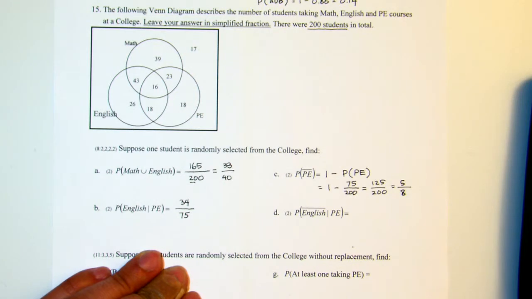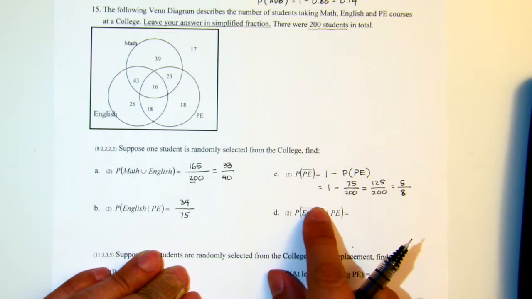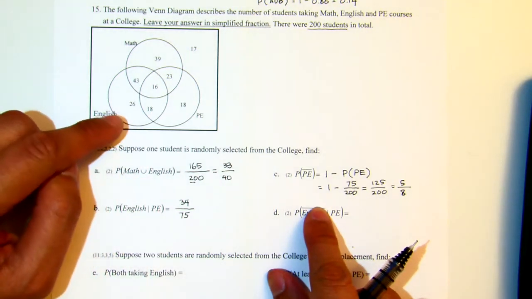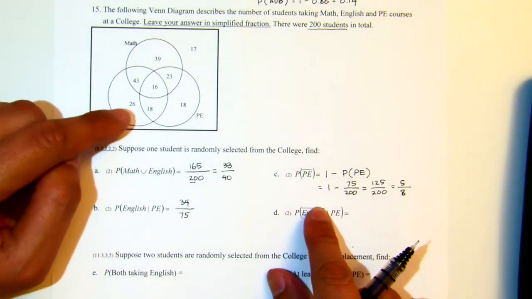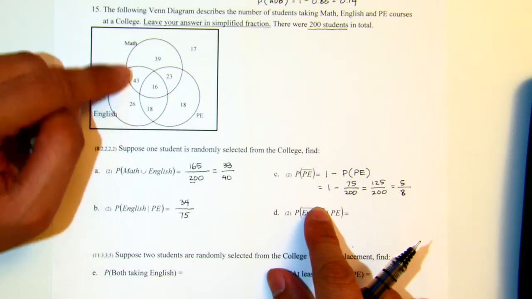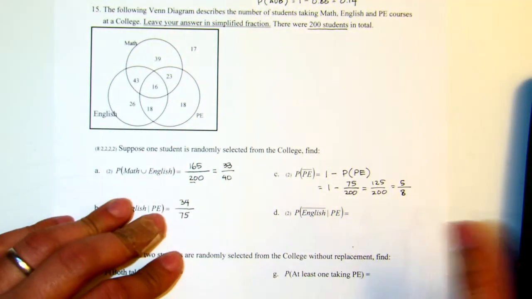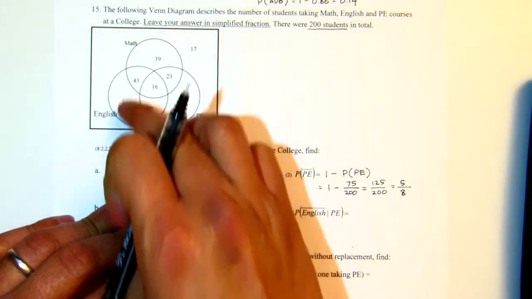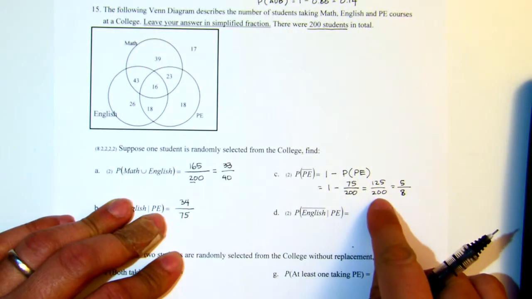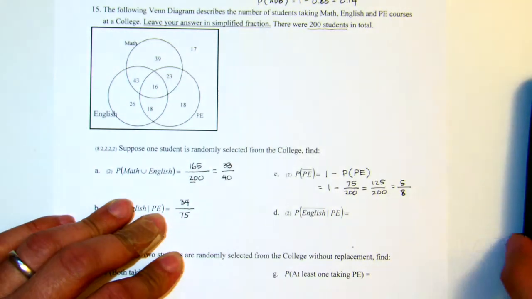Okay, now if you think about this, we can actually do it another way. We just compute how many students are actually not taking PE. So basically what I can do is add all these 4 numbers here, which are outside the PE circle, right? Now if I add those numbers, I expect to get 125 students out of those 200 students in this Venn diagram.